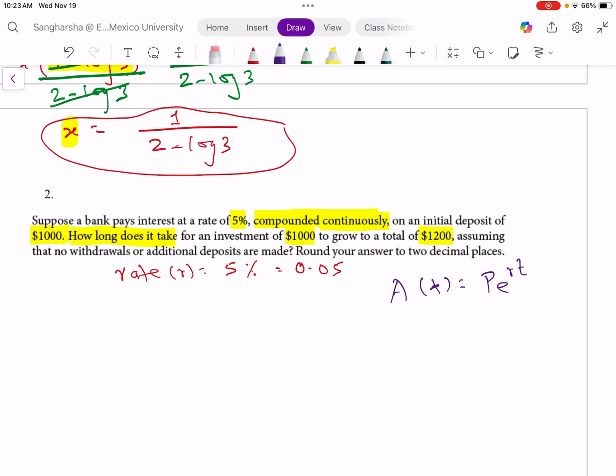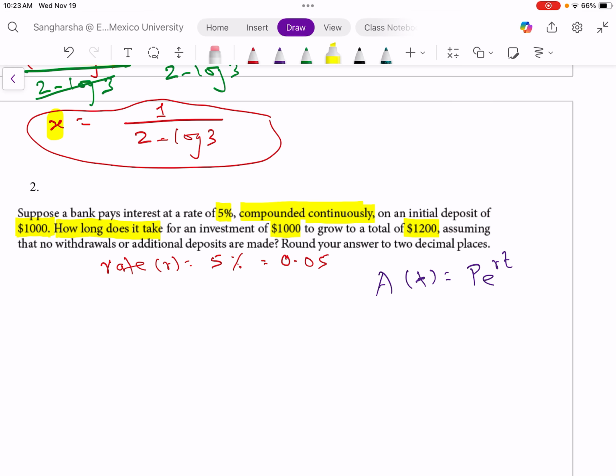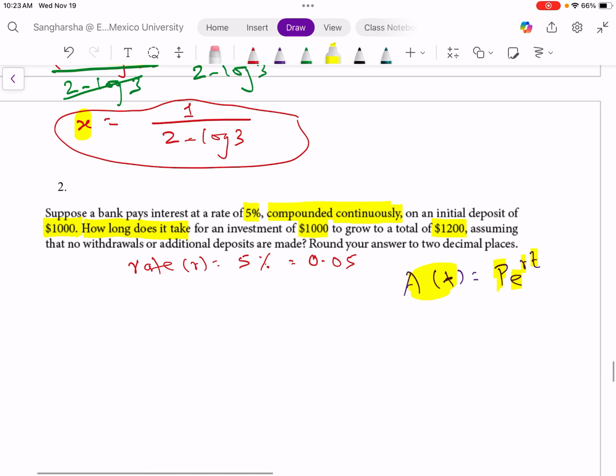It will be given to you. Now in this formula, A of T is the amount, P is the principal, E is a number, R is the rate, T is the time. Now what about this $1,000? What is that for us? We deposited $1,000 to a bank. Is it amount or principal?